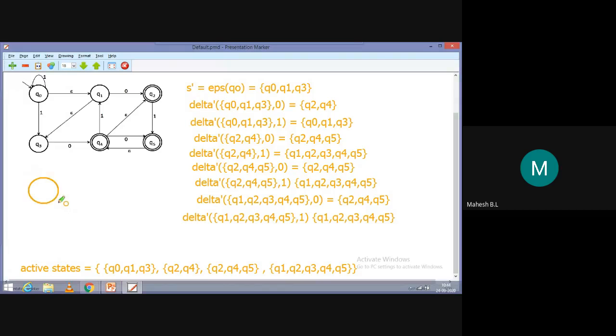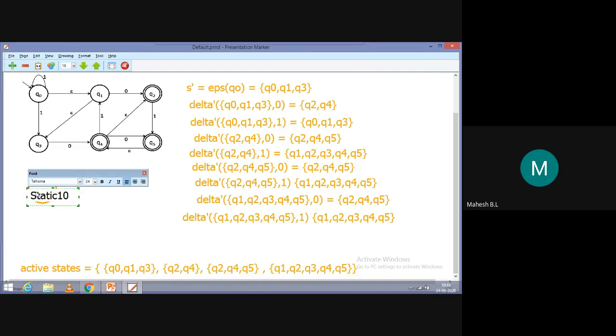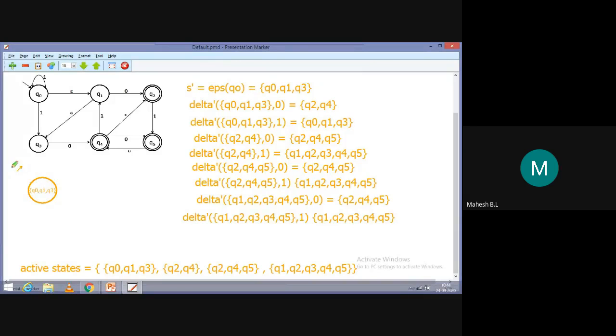So first one, Q0, Q1, Q3. Okay, this is the starting state. Starting state, you must indicate it with an incoming arrow. So there must be an incoming arrow for the starting state.